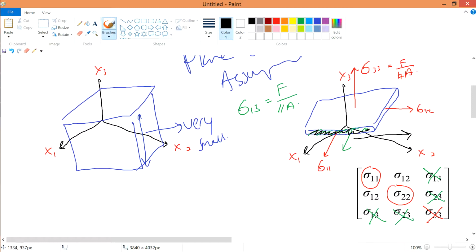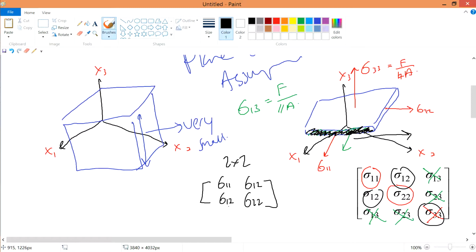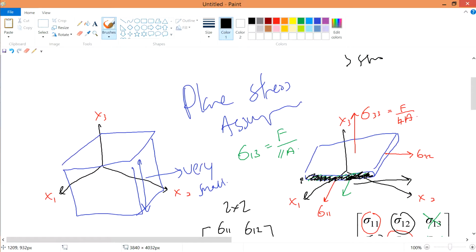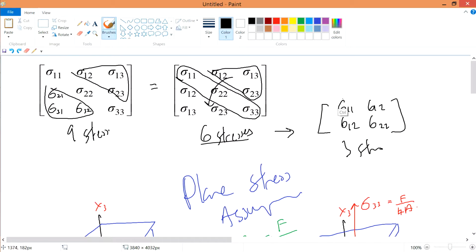Its parallel area is in fact this area over here, which is way too small, and therefore you have a stress that is something we can measure compared to this part over here. I hope this is pretty clear. And therefore what we have is a 2 times 2 stress matrix, a plane stress. So we neglect that this is a very small x3 length. This proves to you that 6 stresses come down to 3 stresses, which is this one.